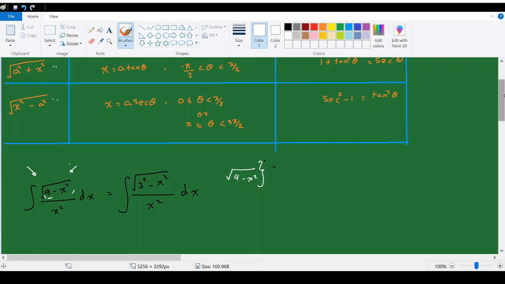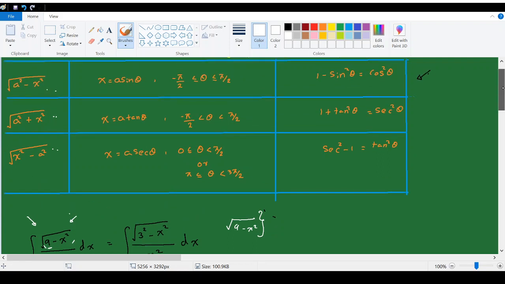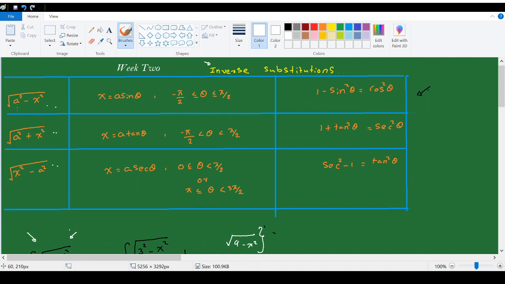Then it will match exactly with the first category of our table. Now we have figured out that the given problem falls under the first category.